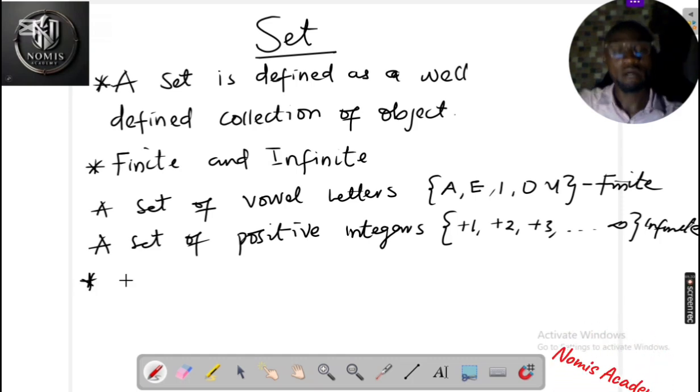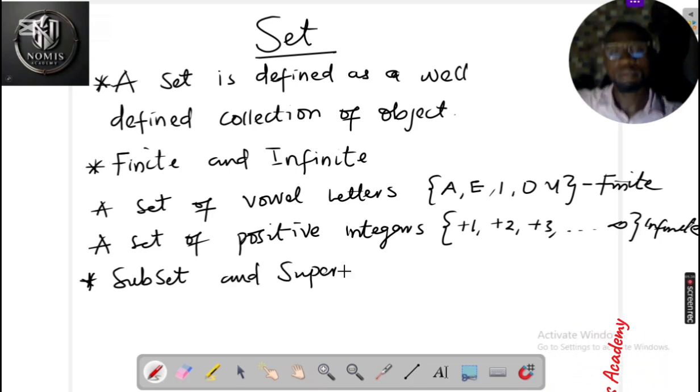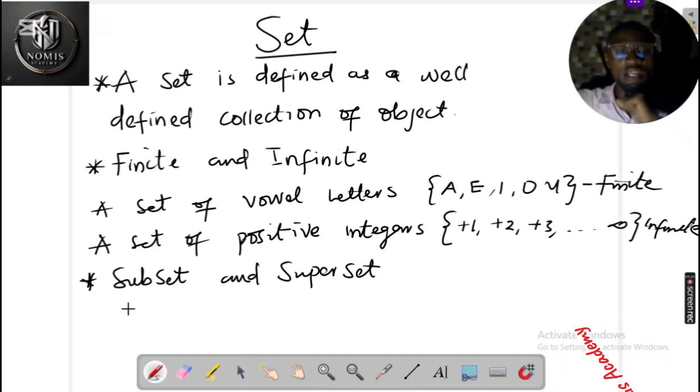Now what do we need to know again? We need to know about subsets and supersets. What do I mean by subsets and what do I mean by supersets? Please note that a set is denoted by a capital letter, while all the members or elements of a set are denoted with small letters.